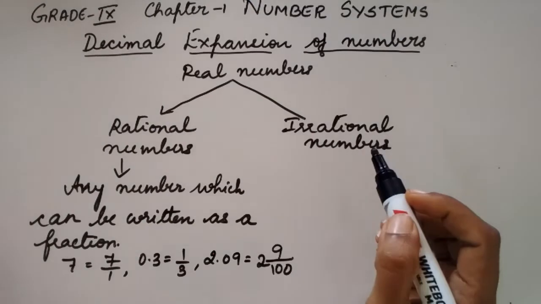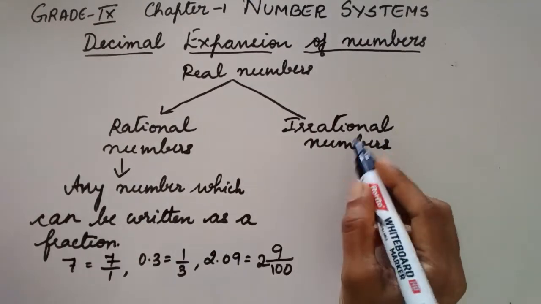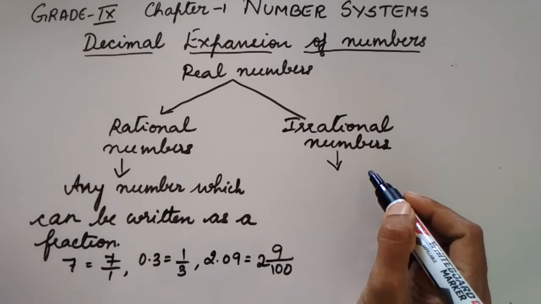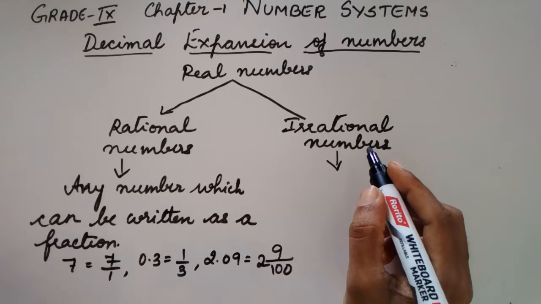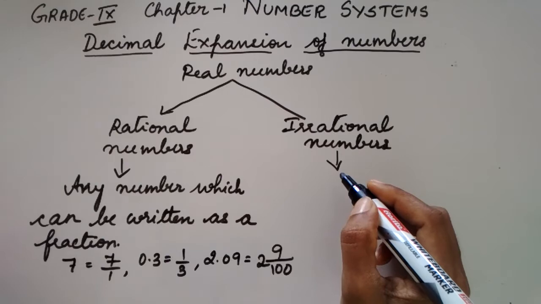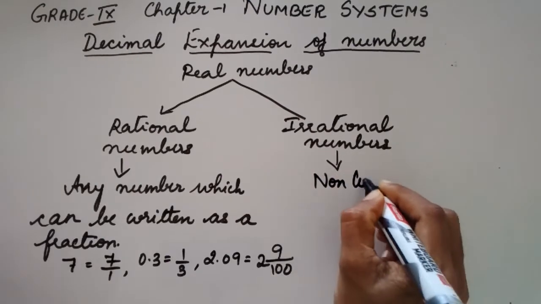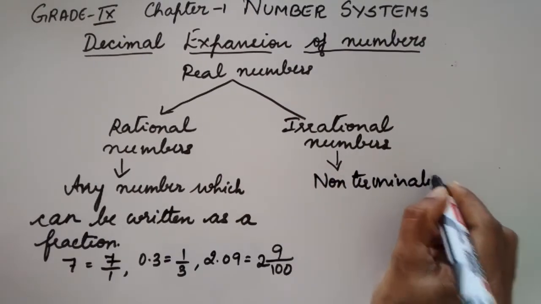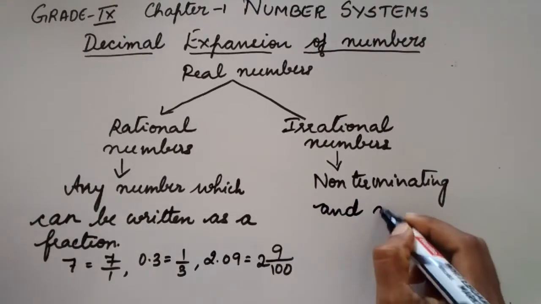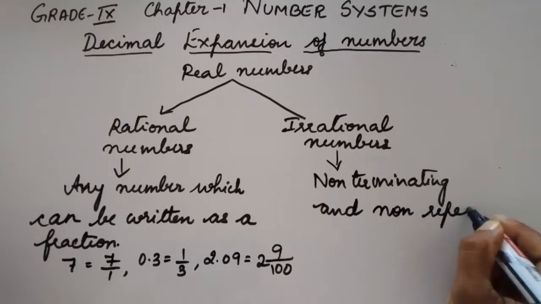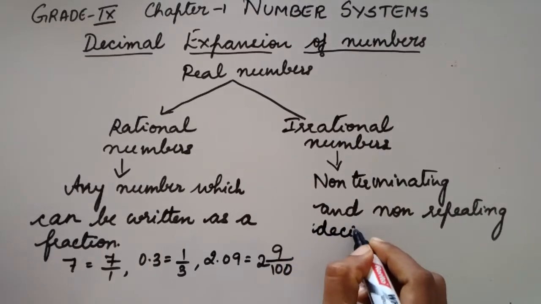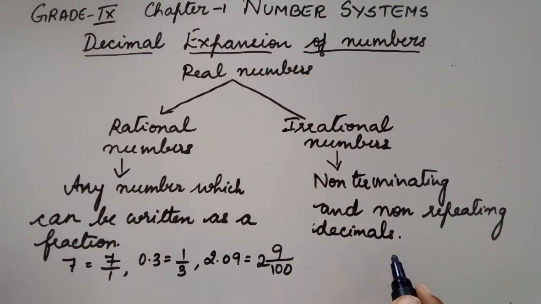Okay, now what are irrational numbers? Irrational numbers are, as I told you, non-terminating and non-repeating decimals which cannot be written as fractions, cannot be represented as fractions.